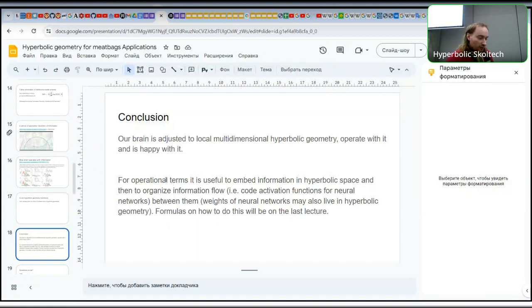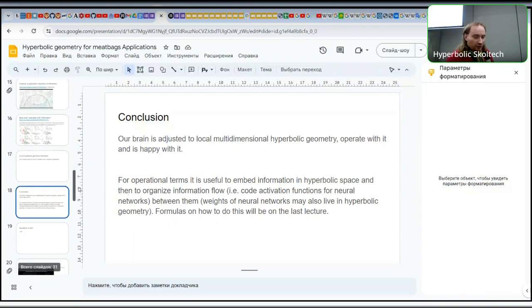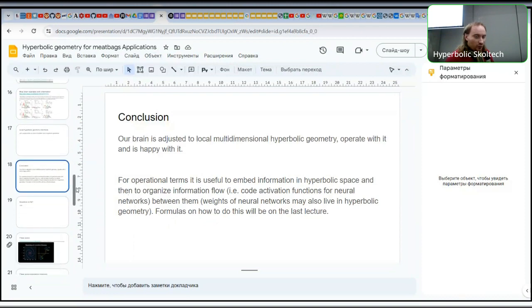Those are called hyperbolic neural networks. I will shortly talk about some formulas from these neural networks in the final lesson, but I won't discuss anything like code or what to do here.